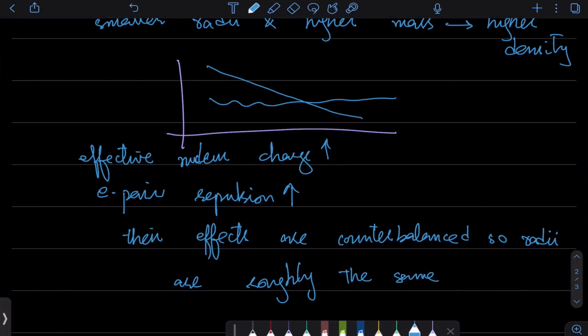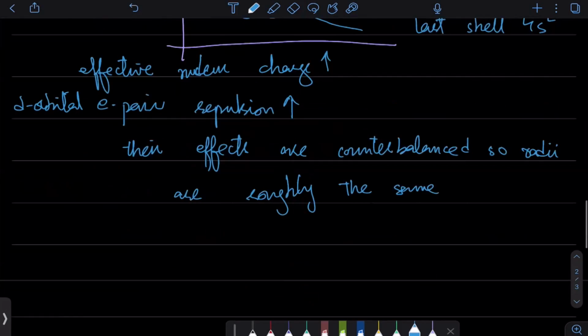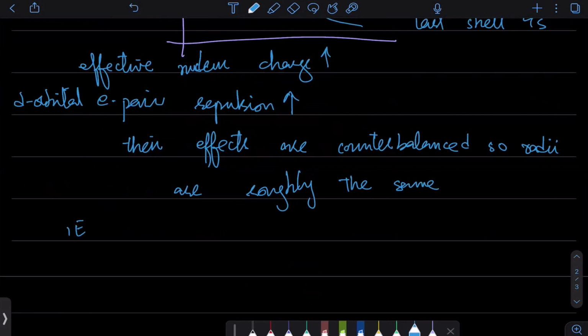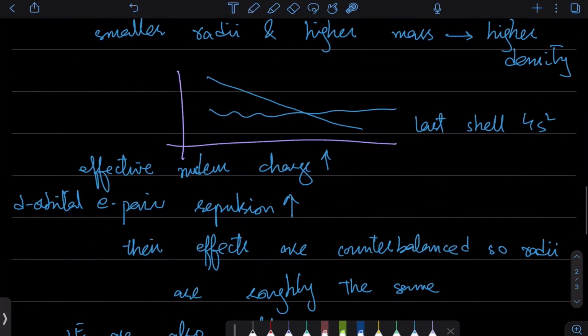Wait a minute, you should talk about the d orbital electron pair repulsion and mention that the last shell is still 4s. So 4s2 is the last one. So when you're removing electrons, ionization energies should also be the same. Why roughly the same? Because the last electron that you have to remove is from 4s2.